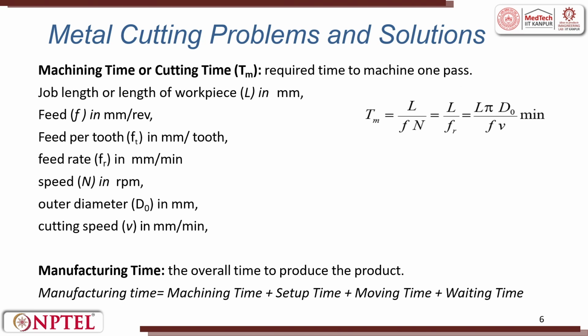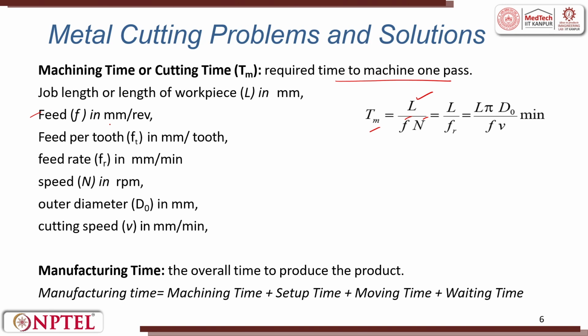Then machining time would also have to be calculated sometimes. Machining time or cutting time, that is the time required to machine one pass, with the length of workpiece in millimeters, is equal to L by F into N, where L is our length of workpiece, F is my feed and N is the rotations per minute.